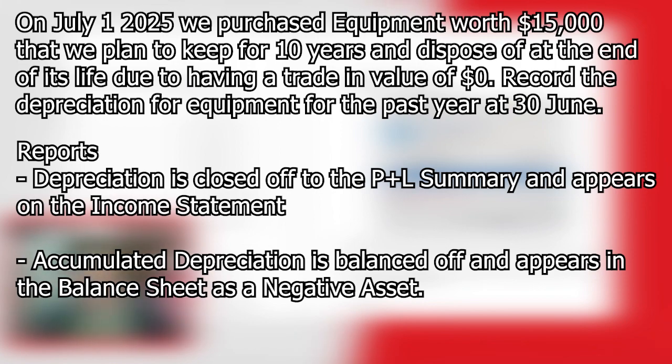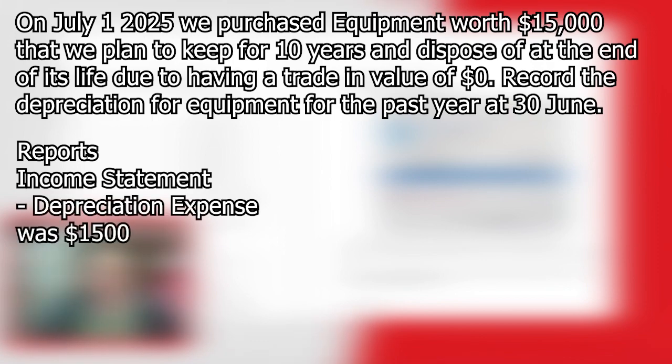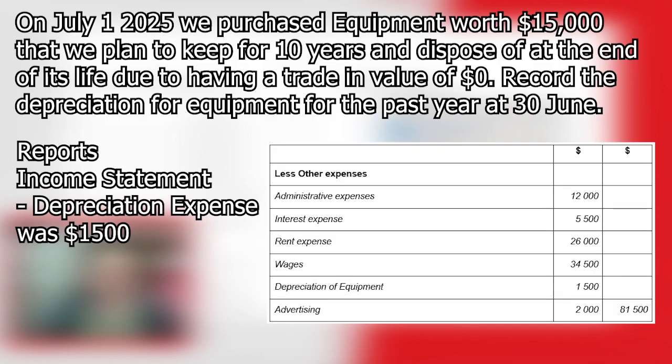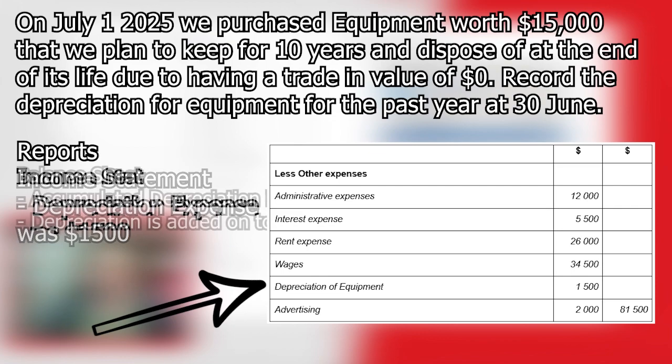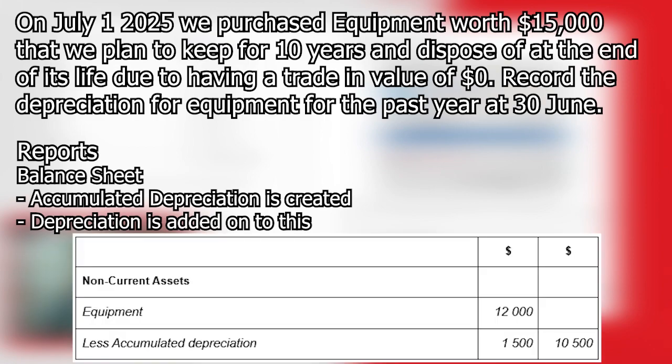We can see depreciation of equipment, that expense, 1,500. We see that right there in the less other expenses category. And then in the balance sheet, we can see we've got the non-current asset. You've got equipment less accumulated depreciation, 1,500. So the book or carrying value would technically be 10,500.